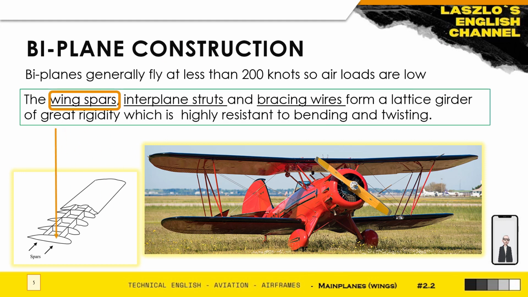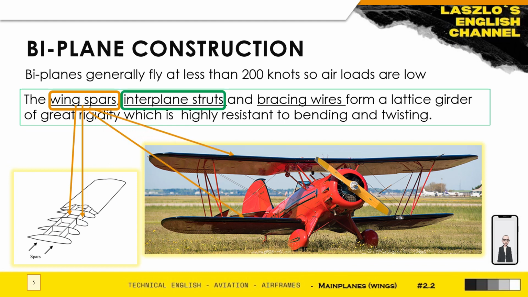The wing spars, interplane struts and bracing wires form a lattice girder of great rigidity, which is highly resistant to bending and twisting. Now, unfortunately, these struts and bracing wires will also generate a relatively large amount of drag, which accounts for the modest speed of biplanes. Okay, so rigidity, but the price of that is the increased drag.